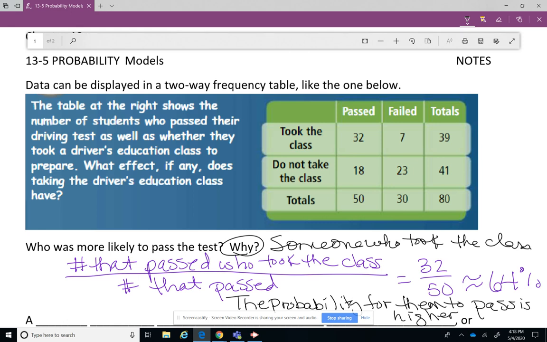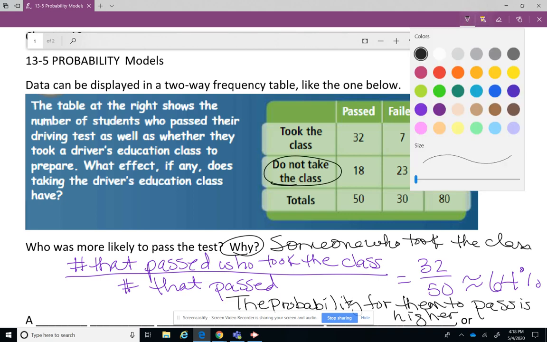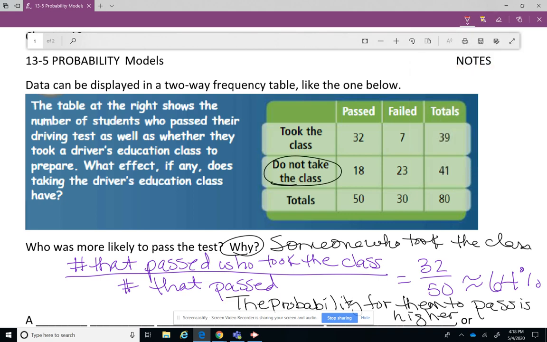All right, so let's see what the probability would have been if they didn't take the class. Let's do that in red. So what's the probability that they did not take the class and they passed? That's going to be 18 out of 50.